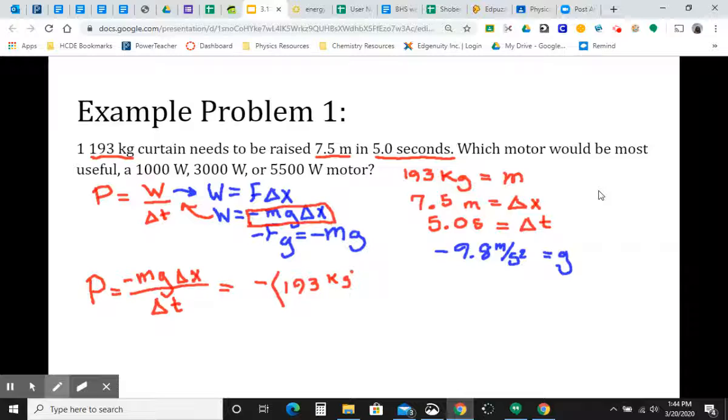So 193 kilograms times g, which we said is negative 9.8, and I want to include my negative because, like I said, the direction that everything is pointing is important here, so we make sure we get the right answer at the end.